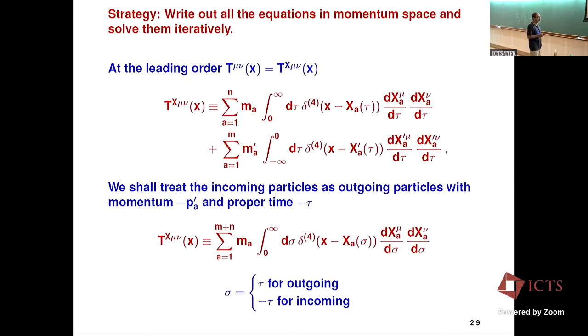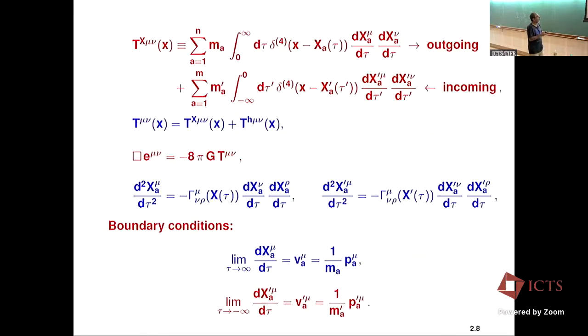So sigma here is tau for outgoing particles and minus tau for incoming particles. But this contains exactly the same information as this one. So we are going to use this expression for T_x and do the first iteration. We are going to solve this.